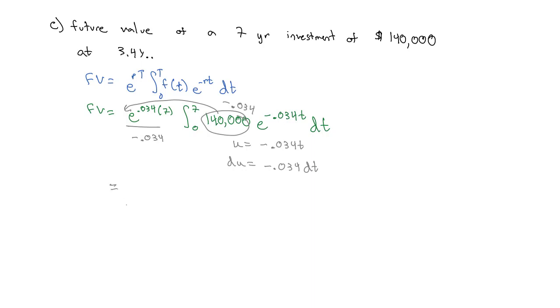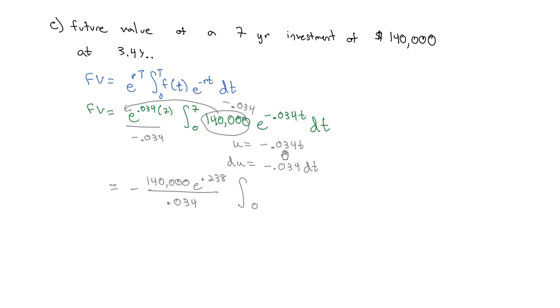Putting that all together, nothing's going to really simplify nicely out front, so I'm just going to write it all down. We've got 140,000 e to the, I'll multiply out, 0.034 times 7 is 0.238, over the 0.034. And then we're going to integrate from 0 to, again, I have to plug that 7 into the u equation.